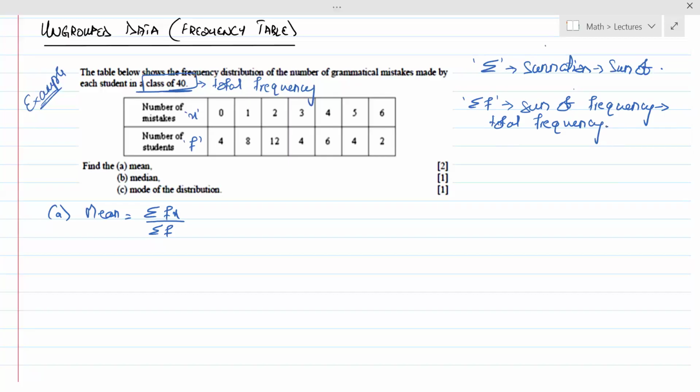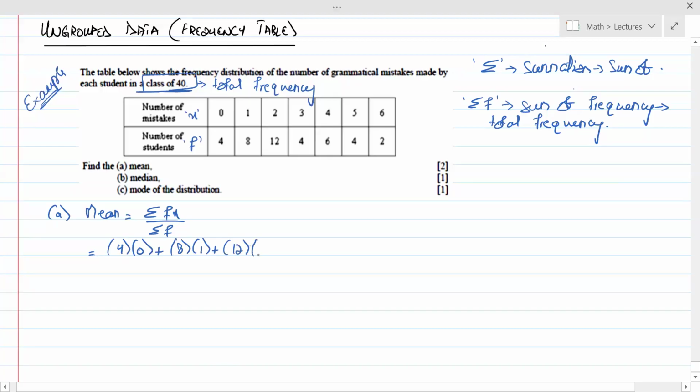Now to use this formula, the numerator is summation fx. Summation fx means you keep on multiplying the f with their respective x. So f into x: the first value would be 4 into 0. Second column is 1 and 8, so f is 8 and x is 1, so 8 into 1. And you keep on following the same practice for the rest of the values.